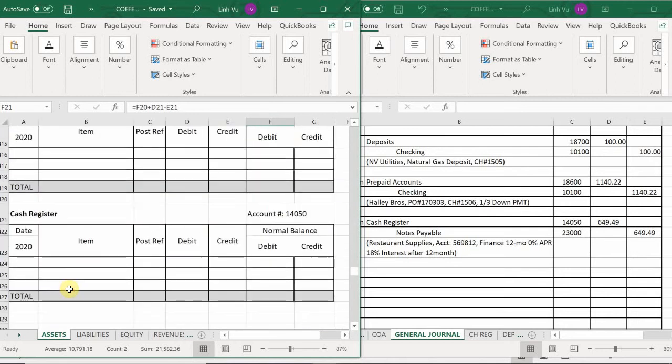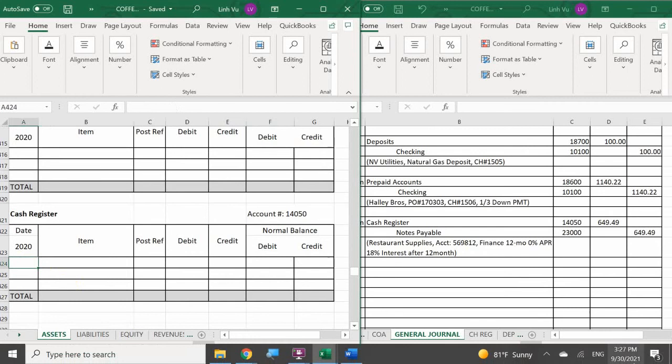Yes, we bought a cash register, so we need to increase our assets because we bought a fixed asset. Anything that you want to put into the cash register, you can put in here. You could say it was $5.95 plus sales tax.